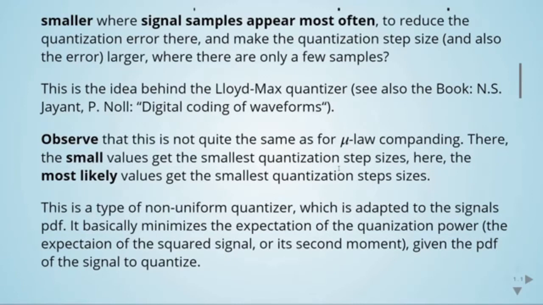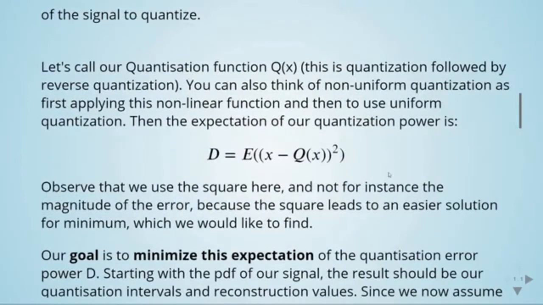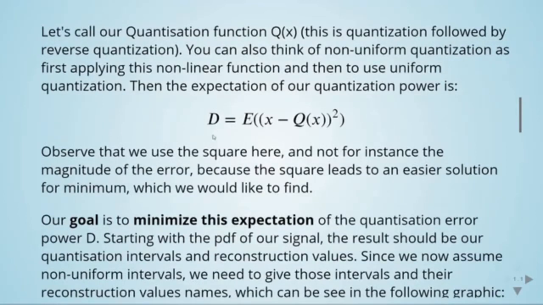So it minimizes the expectation of the quantization power. So it's the expectation of the squared signal, or its second moment, given the PDF of the signal to quantize. If we call our quantization function q of x, so this is quantization followed by reverse quantization or dequantization, we have the expectation of the quantization error power given by this expression here.